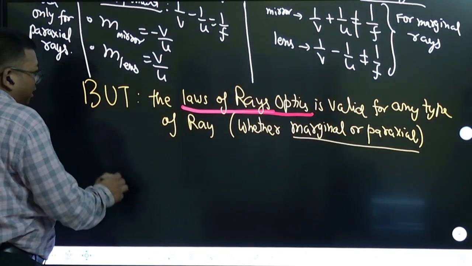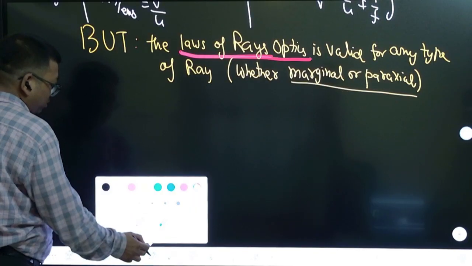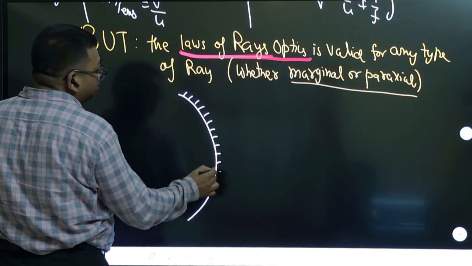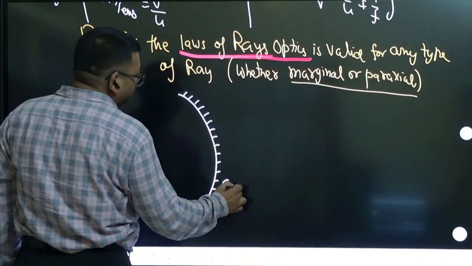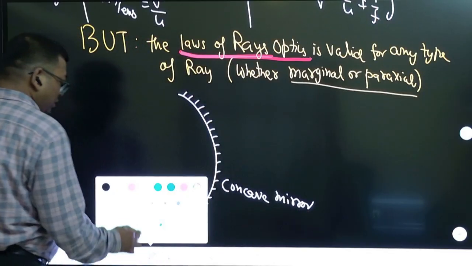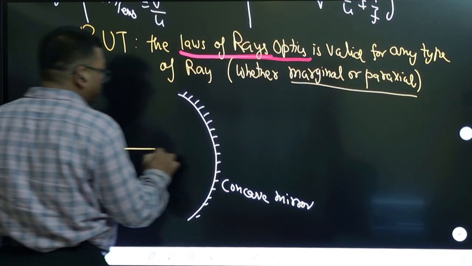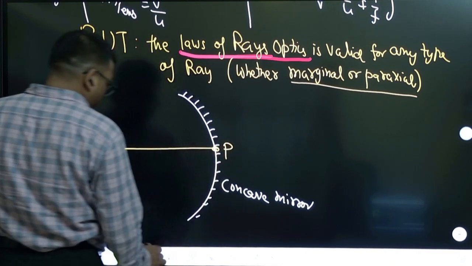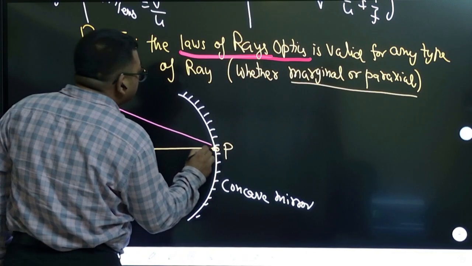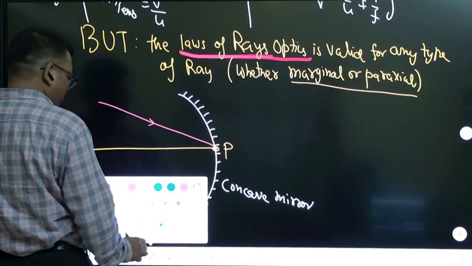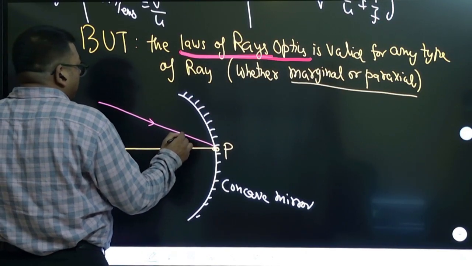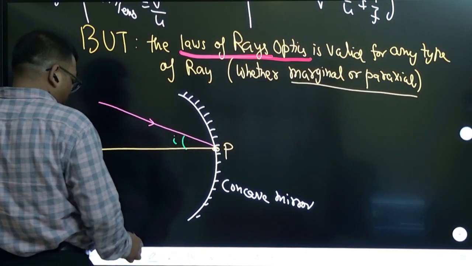I think I have asked this question in this class also. So suppose this is a spherical mirror. Let us take a concave mirror. Let us consider this is the principal axis. All of you know the principal axis. This point is the pole, right? And let us take a ray of light which is making a large angle. This angle is I, of course.